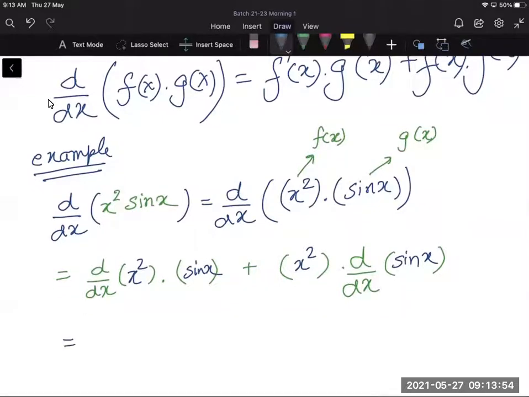And we know that d by dx of x square is 2x. So this is 2x sine x. Plus we know that d by dx of sine x is cosine x. Okay. So d by dx of x square sine x is equal to this.